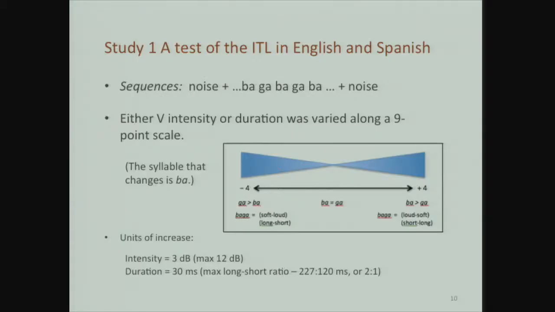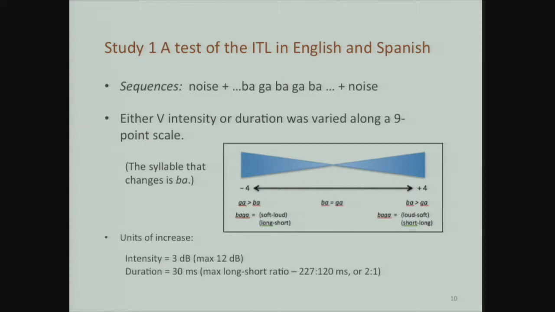So we varied intensity and duration on a 9-point scale in this particular study. And basically, let me interpret the scale for you. The middle of the scale is basically the 0 point. So this is basically the control point.